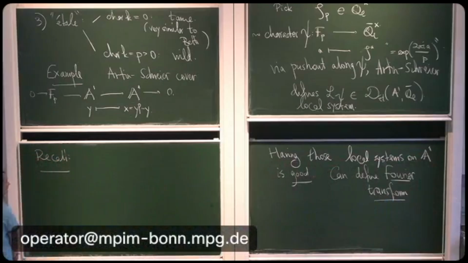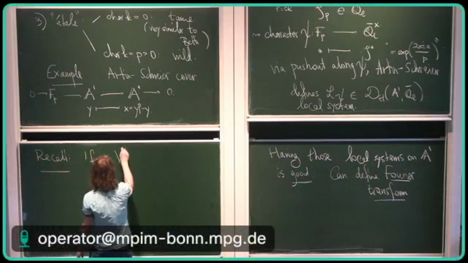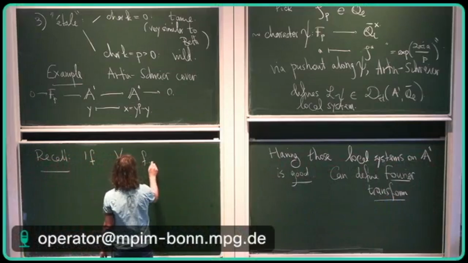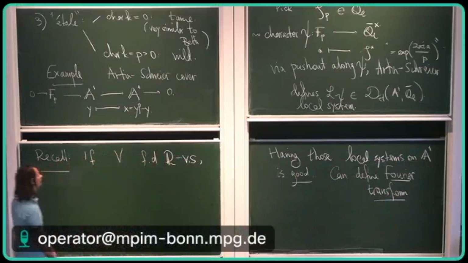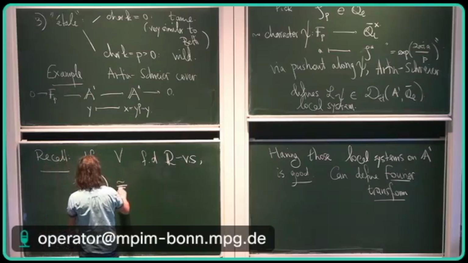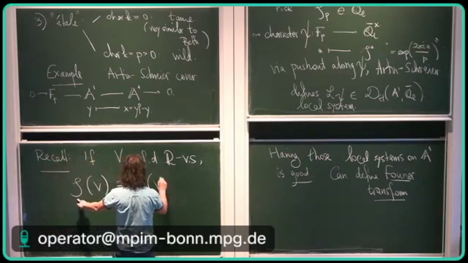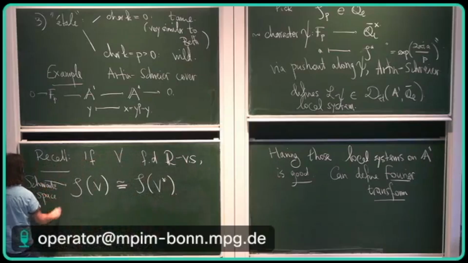Let me first do something very classical. If V is just a real vector space, a finite dimensional real vector space, then the Fourier transform is an isomorphism between the Schwartz space on V and the Schwartz space on V dual. So these are functions on V with some rapid decay condition.